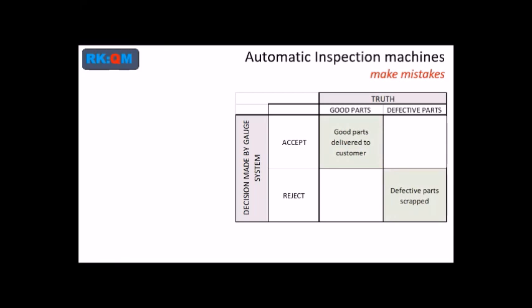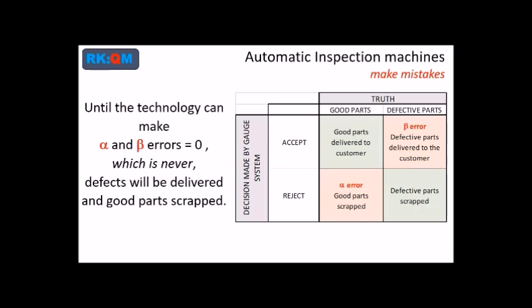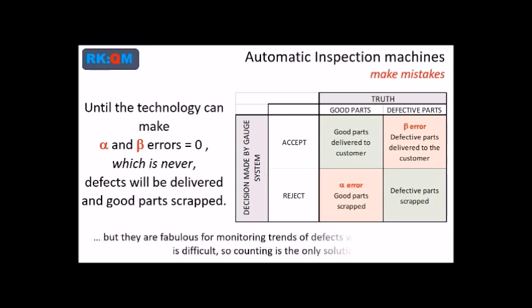But automatic inspection machines make mistakes. Good parts get scrapped, defects accepted. These are the alpha and beta errors of the machine. And alpha and beta will never be zero. Advances in technology mean it's getting better with smaller alpha and beta, but it's still an issue.